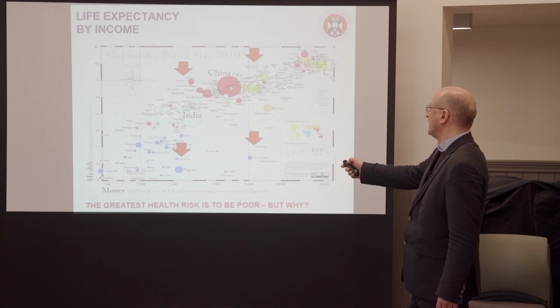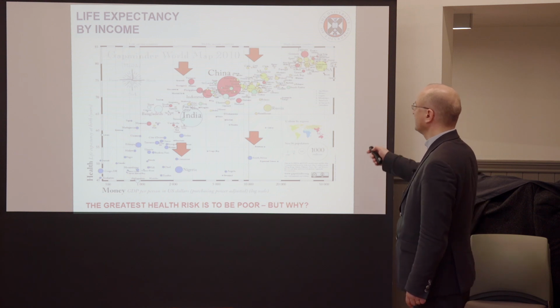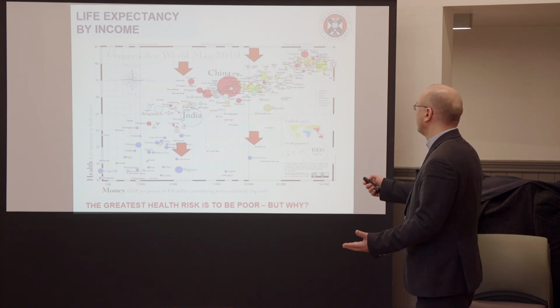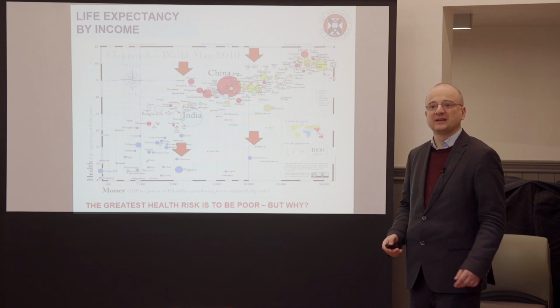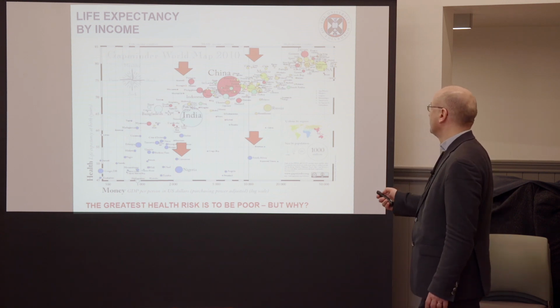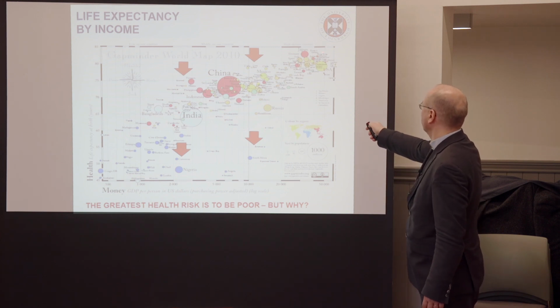and look at Costa Rica and Cuba. Cuba is a great example, less than $10,000, and they have a life expectancy equal to United States of America, which invests many times more in their health system than Cuba does. In fact, when you look at America here, they should be here.